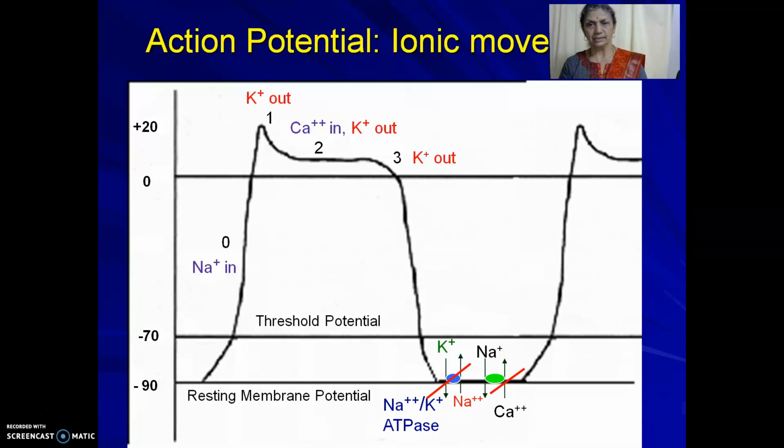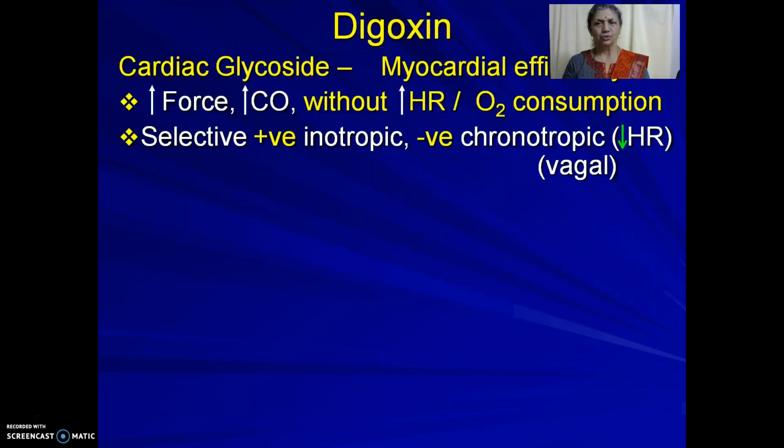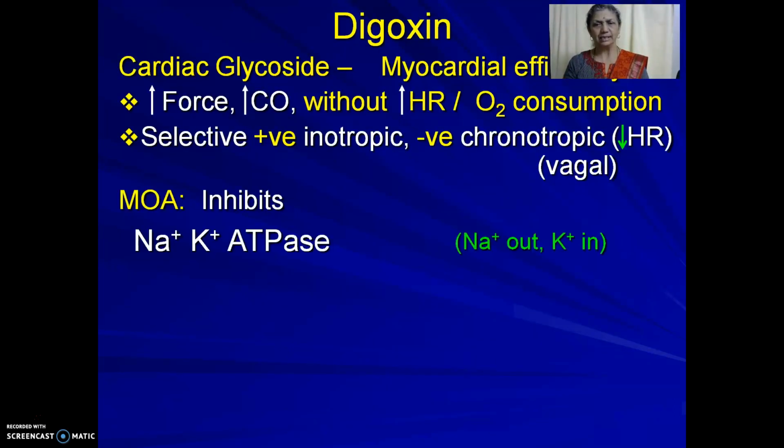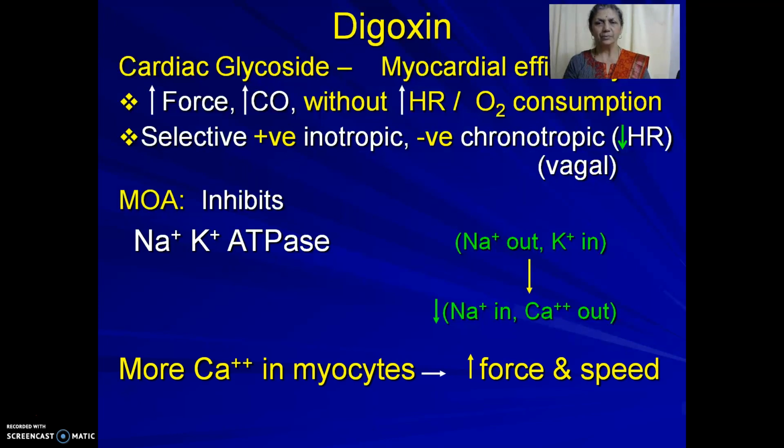The end result is more calcium remains inside the cell. And as you know, calcium is required for contraction. So because directly sodium-potassium exchange has been hampered, but indirectly sodium-calcium exchange has also been hampered, myocytes end up with more calcium inside the cells.